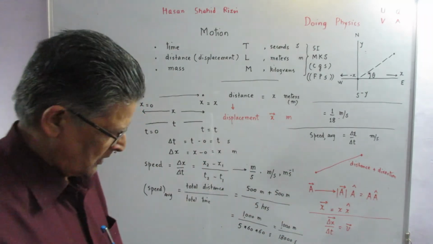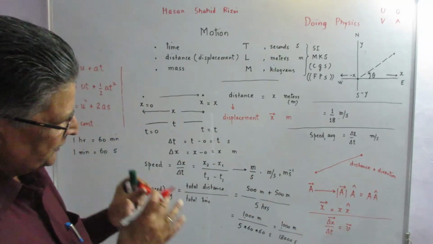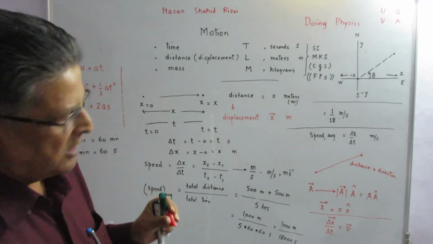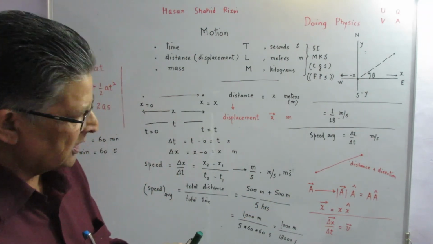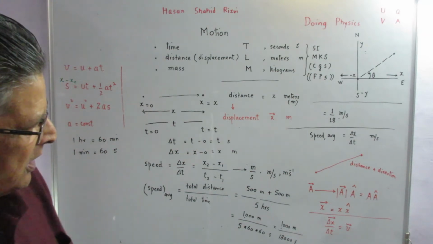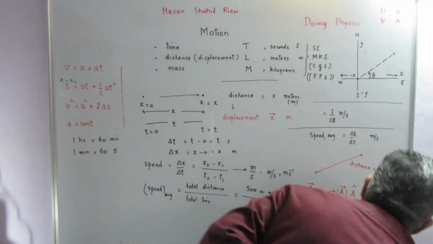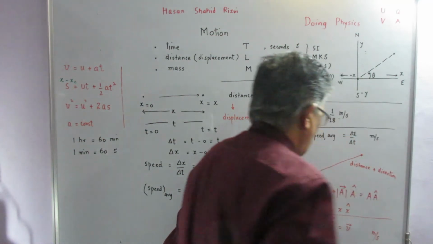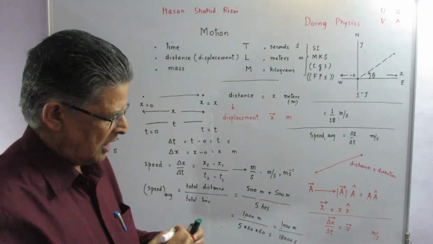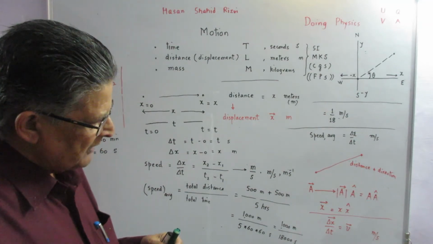For this small introduction, probe and ponder. This of course will become meter per second as the unit of velocity.